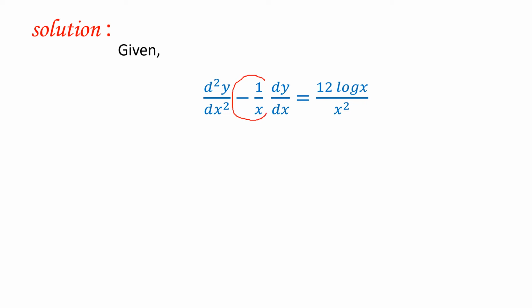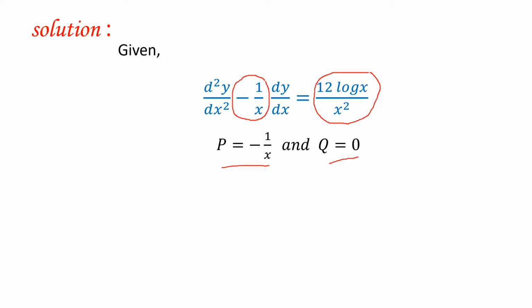The value of p is minus 1 by x, and you can observe that we don't have qy and that term is absent. Therefore value of p is minus 1 by x and the value of q is equal to 0. To find a part of the complementary function, the value of r is not required. Therefore you should write only the value of p and the value of q.